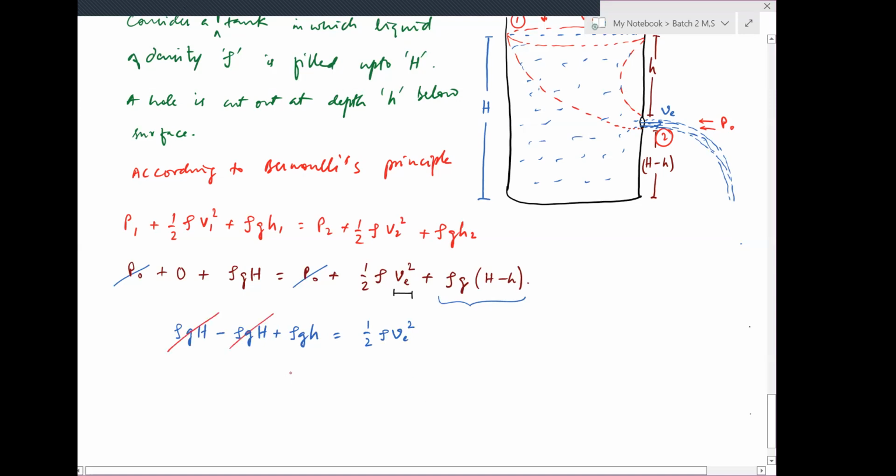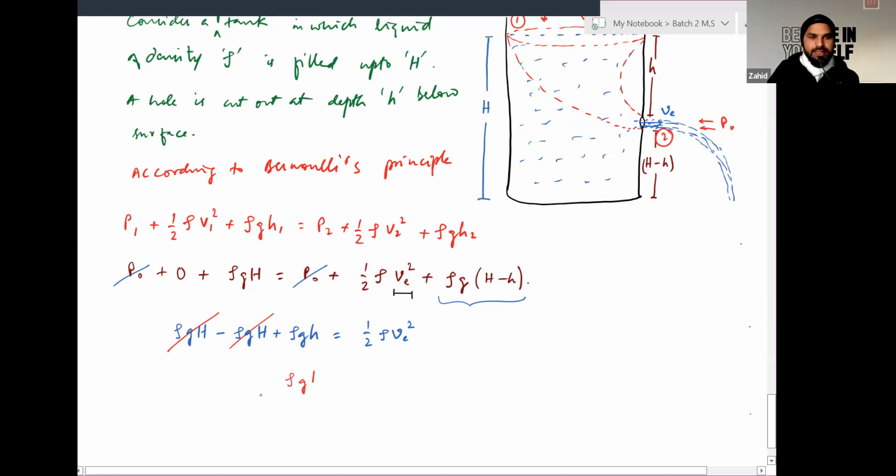So we're left with rho g h equals half rho velocity of efflux square. So from this, rho and rho will cancel out. Move this 2 to right side. So you'll get velocity of efflux equals root under 2gh. So this will be your final expression for velocity of efflux.